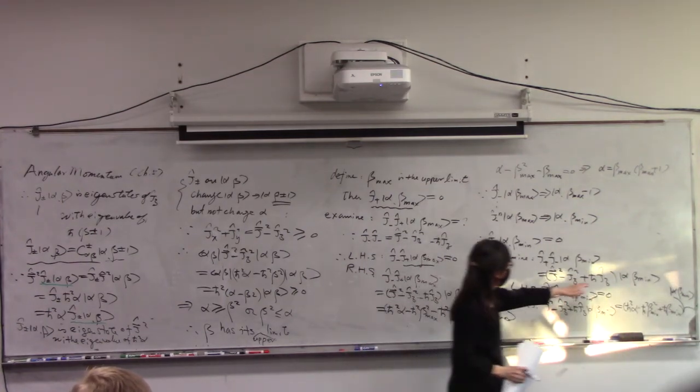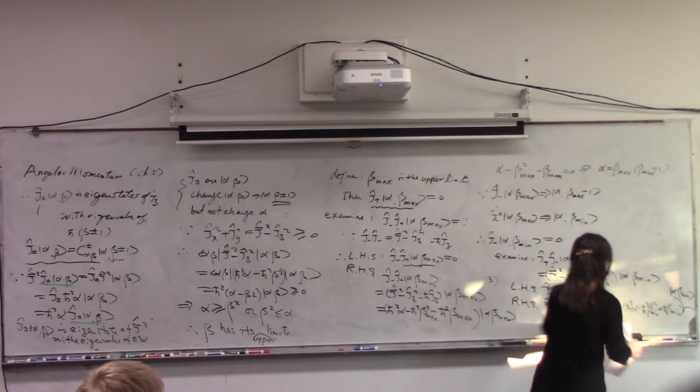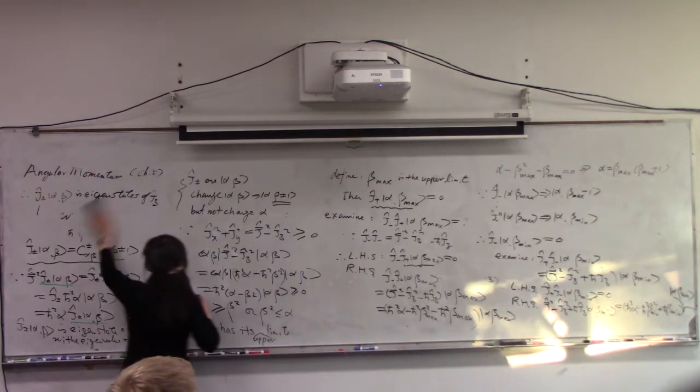Then from this, because left hand side equal to 0, we have another relation for beta minimum.